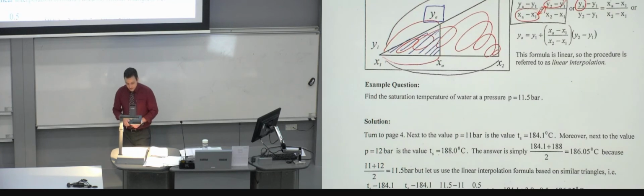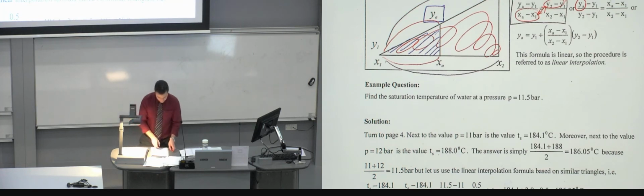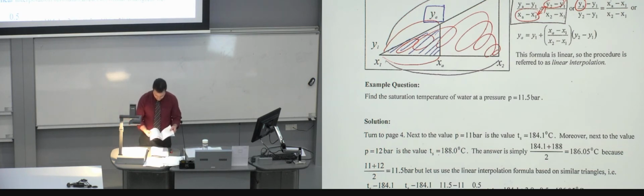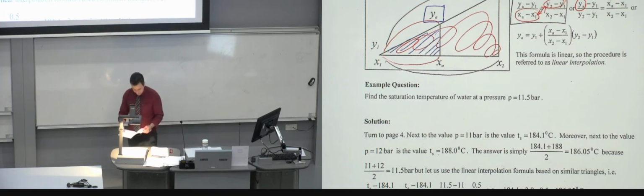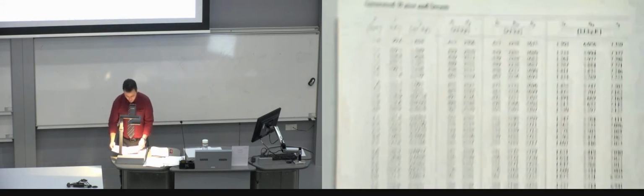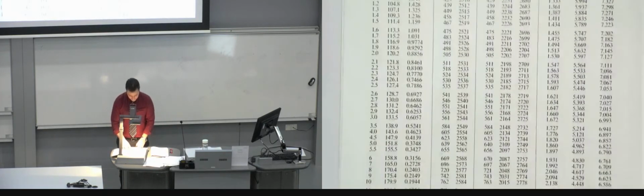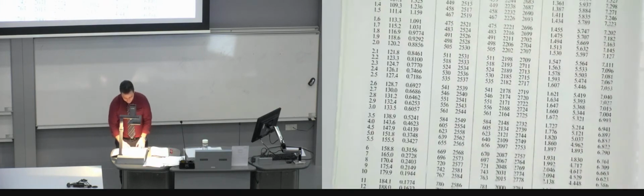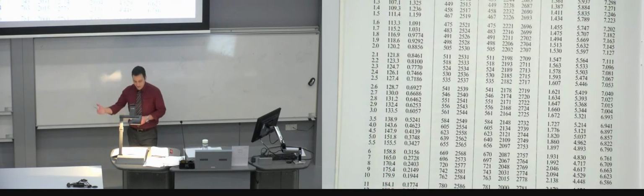Find the saturated temperature of water at a pressure of 11.5 bar. So I've got pressure, I've got water. I need to go to page 4, where everything is sorted by pressure. Now the pressure which we have is 11.5, but look at this. We've got values for 11 and for 12.